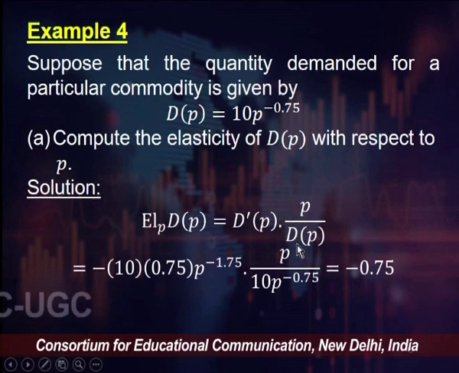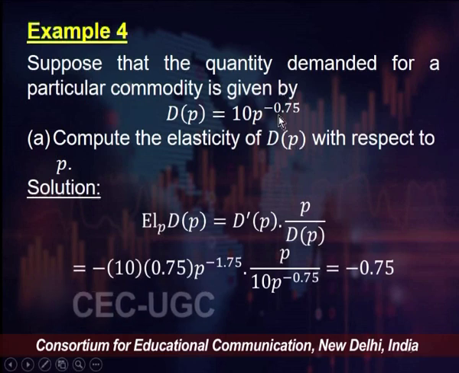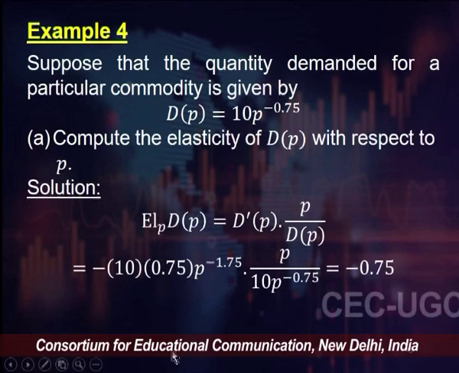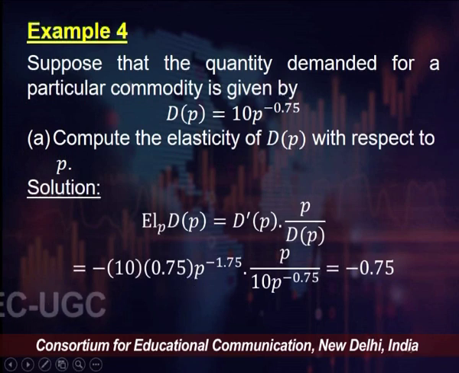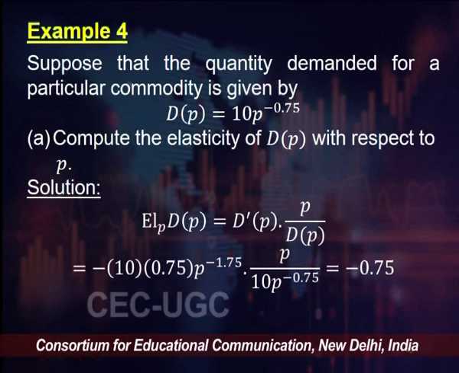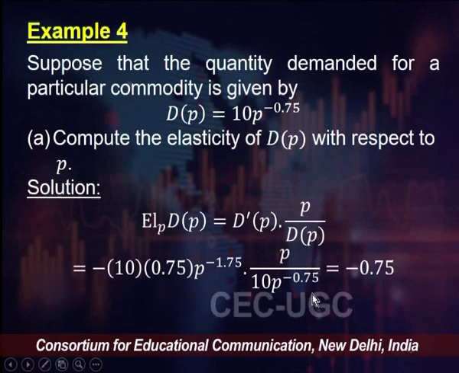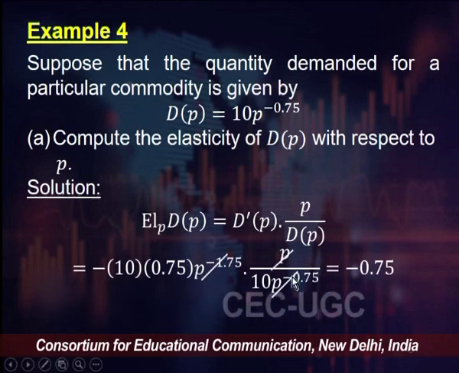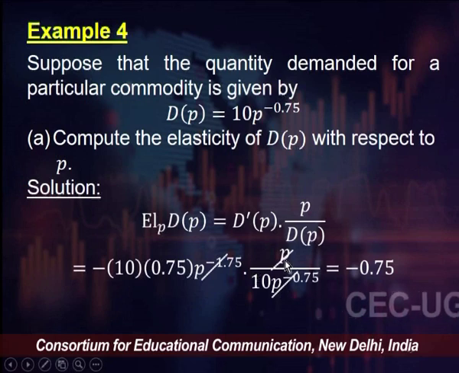Now d prime of p, as you can see here, when I differentiate this function, I get 10 times minus 0.75 times p to the power minus 1.75. So that's what you have here, times p divided by d of p. So d of p is nothing but 10 times p to the power minus 0.75. And you can see here that all the p's will get cancelled, because in the numerator I have p to the power minus 1.75 times p.